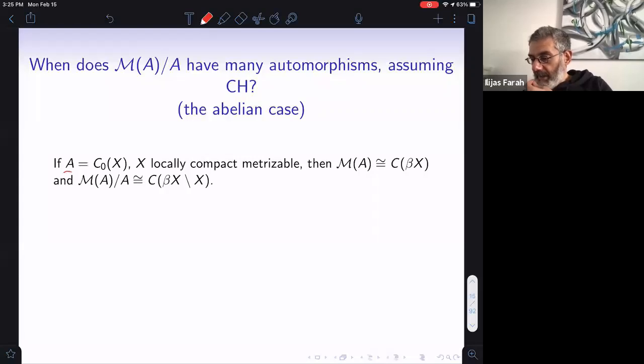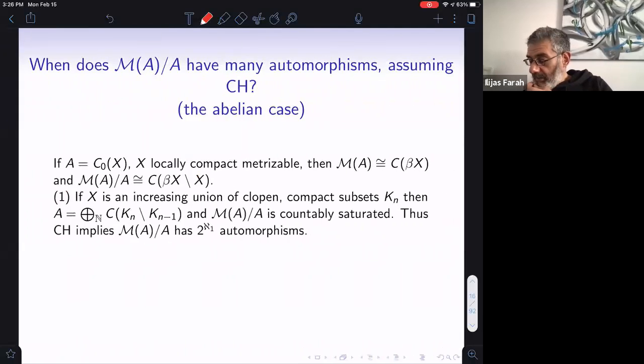If A is a non-unital abelian separable C-star algebra, then it is isomorphic to C0 of X, where X is locally compact and metrizable. The multiplier algebra of A is isomorphic to continuous functions on beta X, the Stone-Čech compactification. And the corona is isomorphic to continuous functions on beta X minus X.